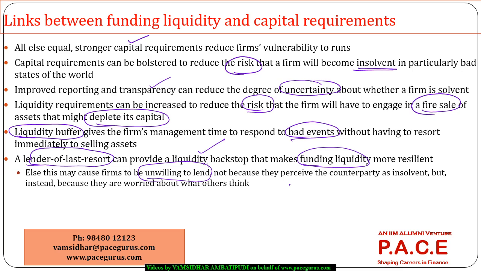So they would always be worried about what the other banks are thinking. So because of this, the whole liquidity gets challenged. So even the lender of last resort role played by the central banks is a key aspect of promoting the funding liquidity within the financial institution.